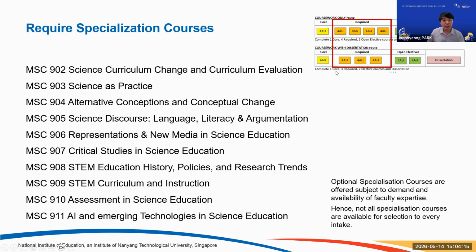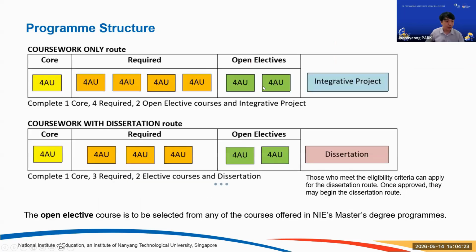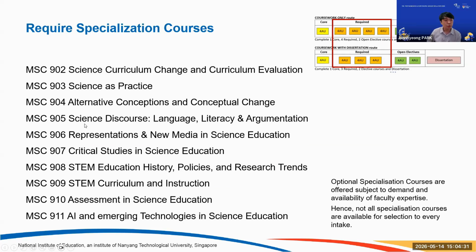Let me elaborate more about the required program. When you join this program, let me go back to the prior slide. The core course would be a base for your further study, and you can move on to required specialization courses. We now have 10 courses.